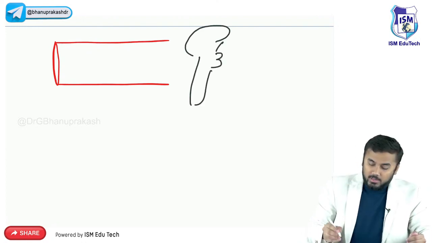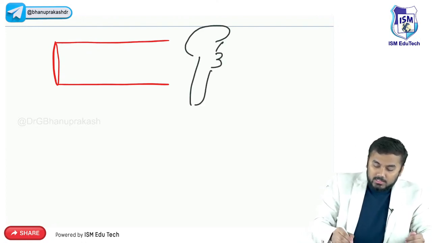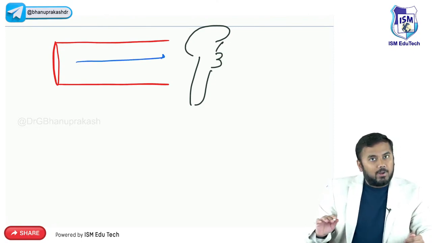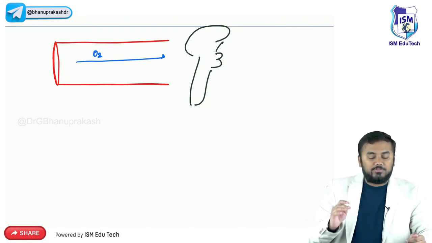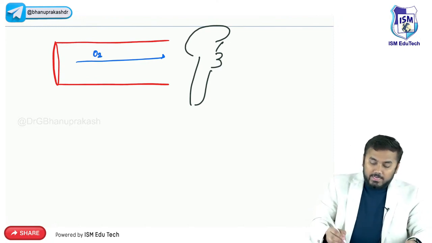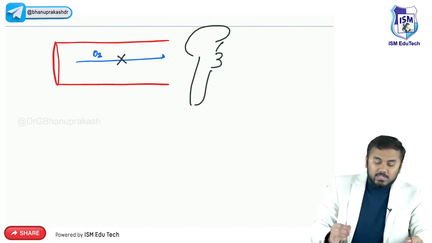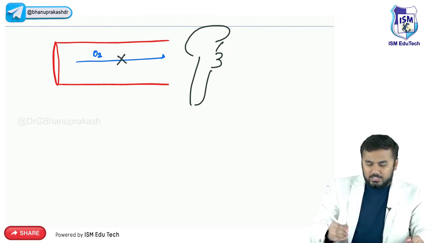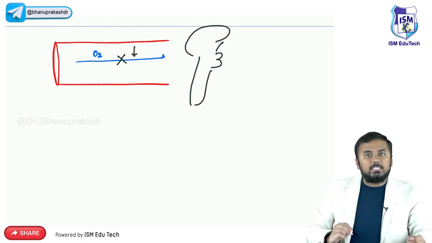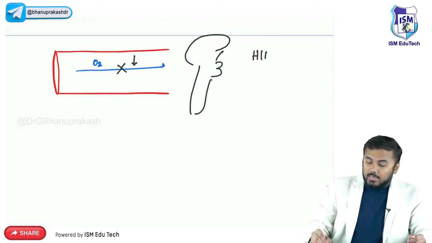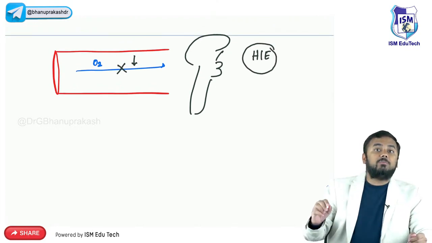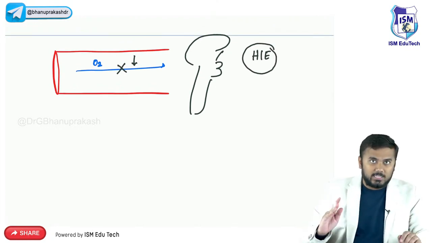Normally there is a sufficient amount of blood supplied to the brain, and within that blood you have sufficient oxygen. If the oxygen levels are cut down, or there is a decreased level of oxygen supplying to the brain, this would lead to a condition called HIE. What does HIE mean? HIE means hypoxic ischemic encephalopathy.